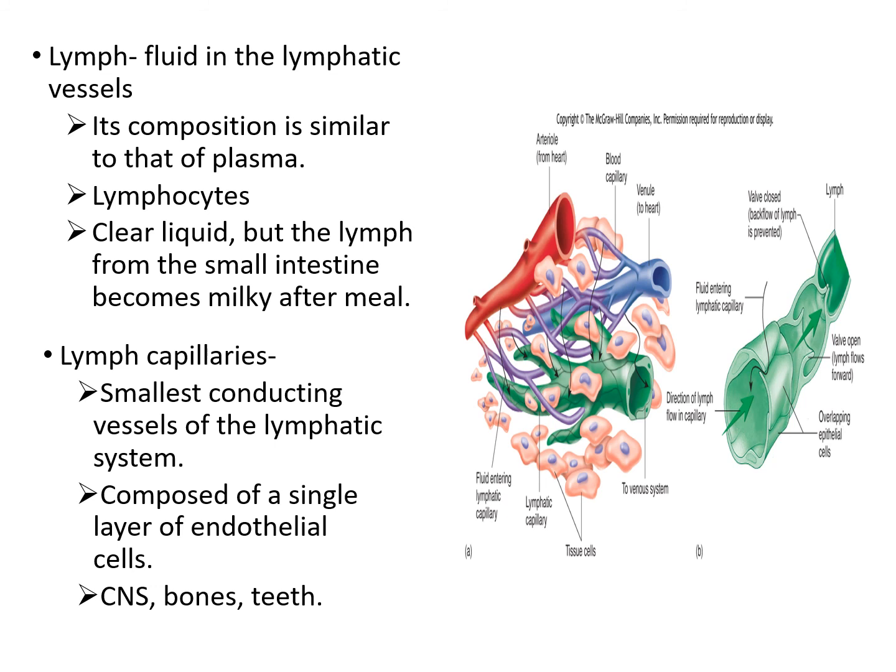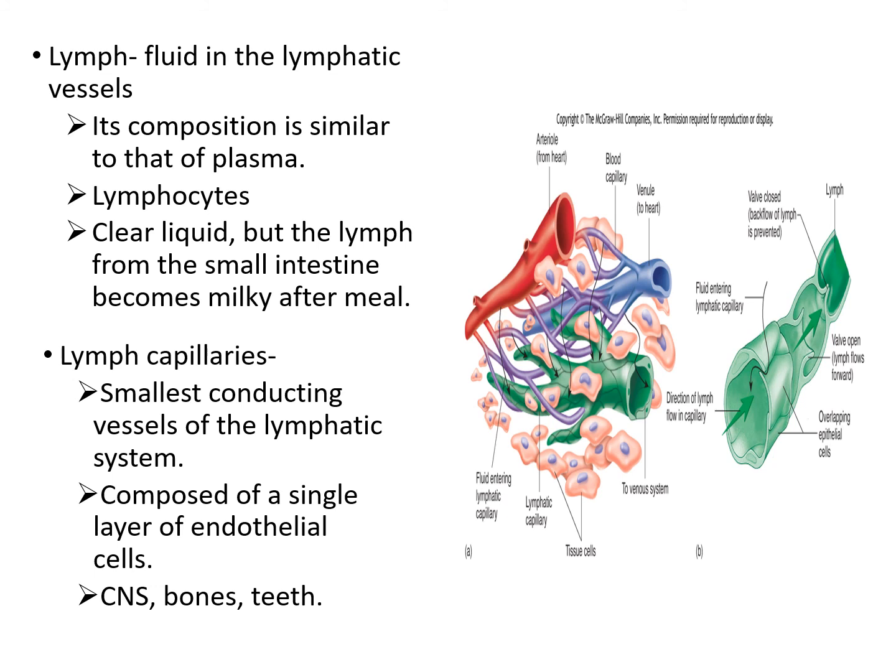So that is what is happening. Normally clear liquid, but the lymph from the small intestine becomes milky after a meal, primarily because the excess fat will be absorbed into the lymphatic system.